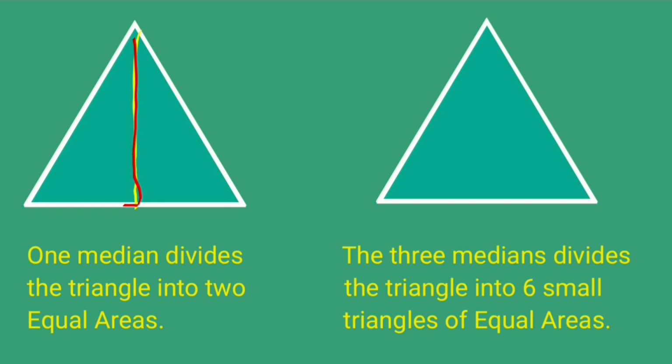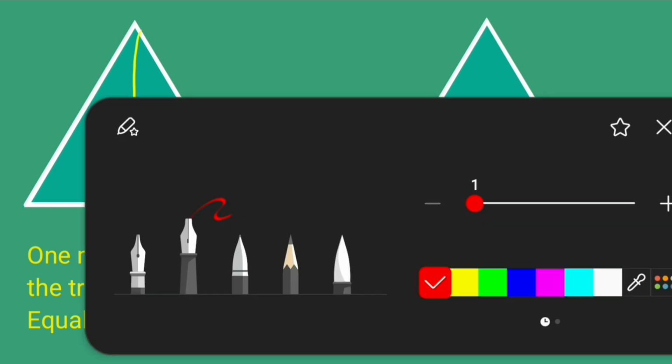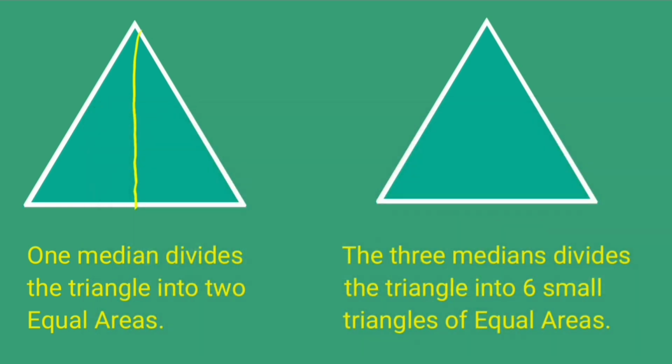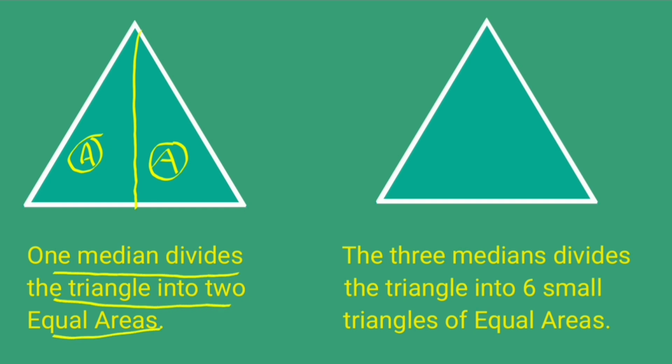This is one triangle and this is the other triangle. Now these two triangles have equal area. This triangle area is equal to this triangle area. That is the statement written here. One median divides the triangle into two equal areas.